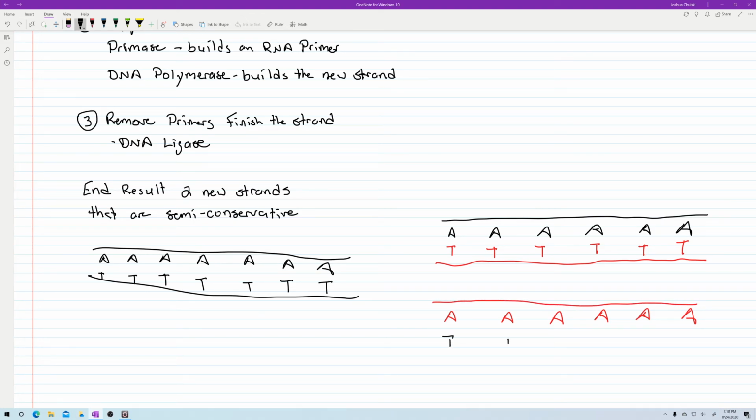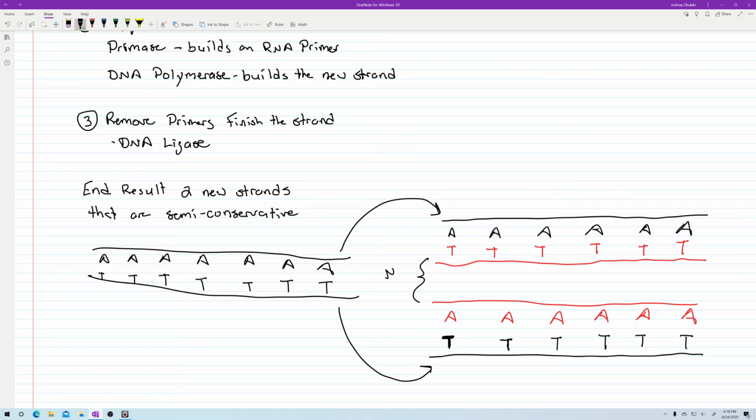And here I've got my old strand that is full of thymines. Okay. So you see that. So a semi-conservative. I have conserved this strand and I have conserved this strand. And these two in here, these are the new strands.